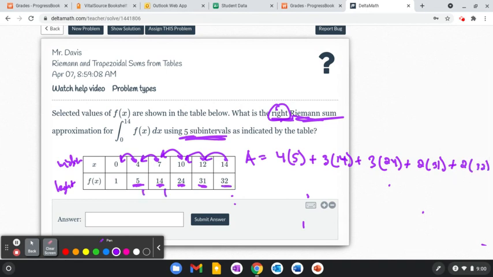So we've got 1, 2, 3, 4, 5. 5 of them. We used the right as our height, so we did not use the first f of x. We did use the last f of x. That's exactly how it should be. So let's go ahead and do this calculation. 20, 42, 72, 62, and 64. Let's add those on the calculator real quick.